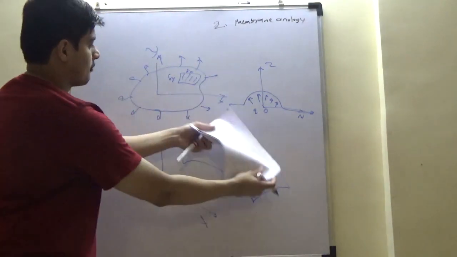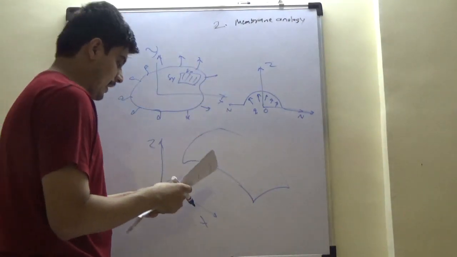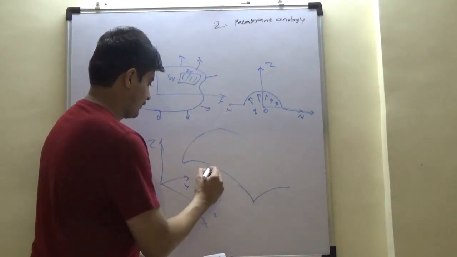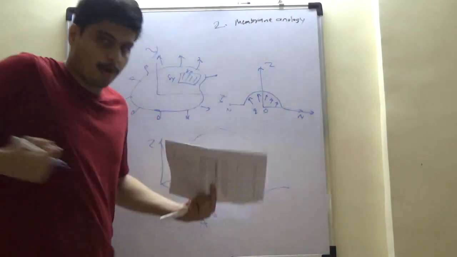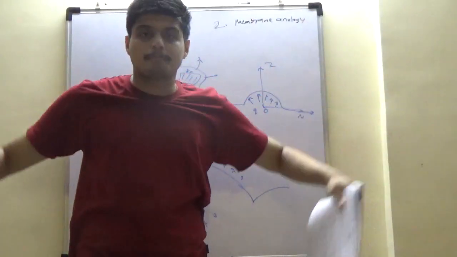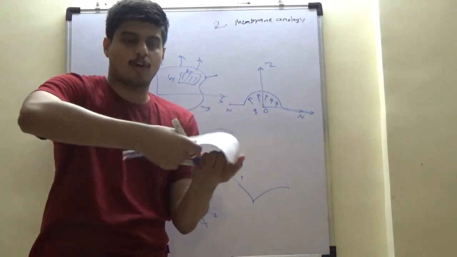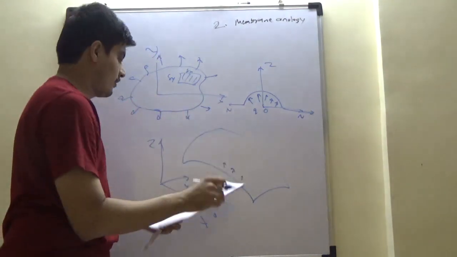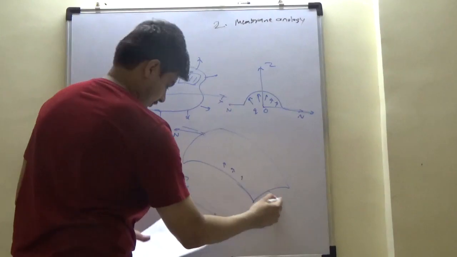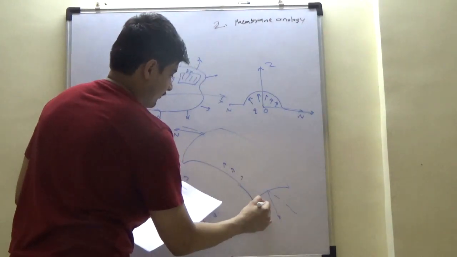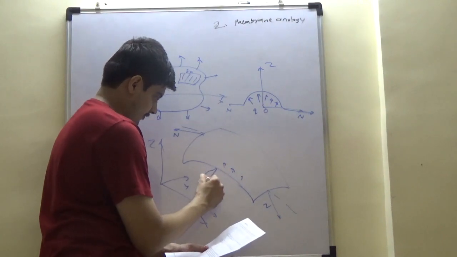Imagine this membrane here. I am applying a uniform load from the bottom to it, which is trying to expand the membrane, and it is getting balanced by these normal reactions across and from this direction as well.